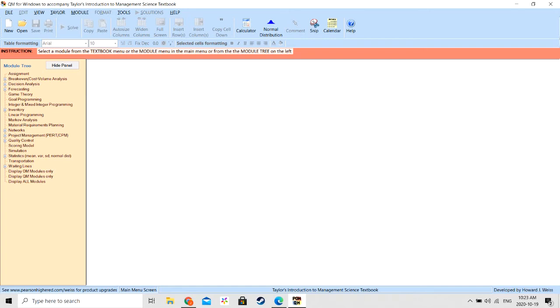Now, it's not a very complicated process. However, because we have 10 different decision variables, and also 7 different constraints, it is a little time consuming.